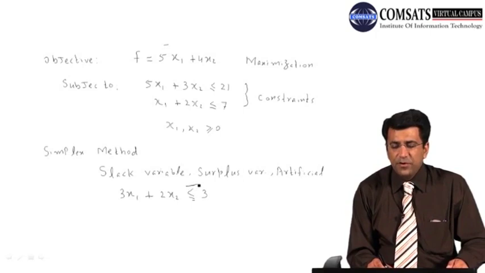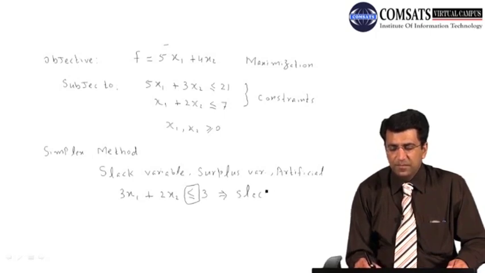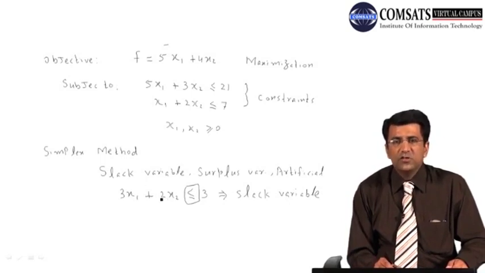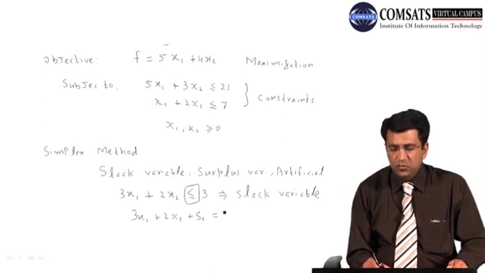If we have the less than or equal to form, then we have to introduce slack variables, which are usually represented by the letter S. So if we want to convert this inequality into an equation, we can rewrite it as 3x1 plus 2x2 plus S1 is equal to 3.